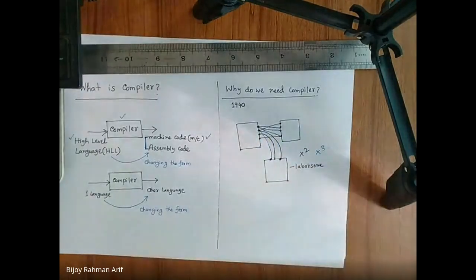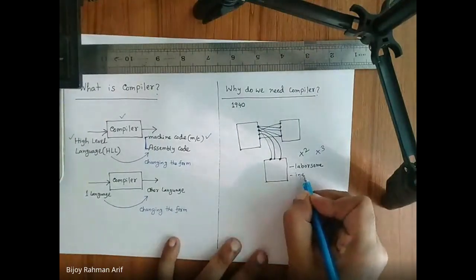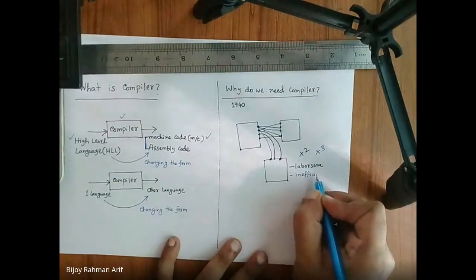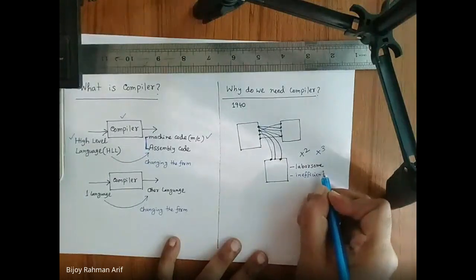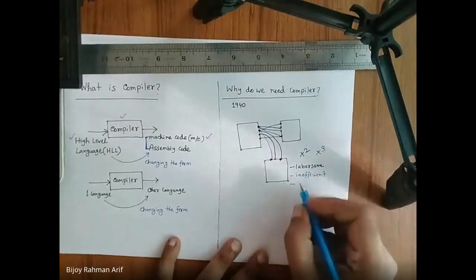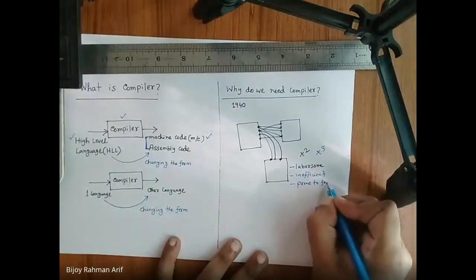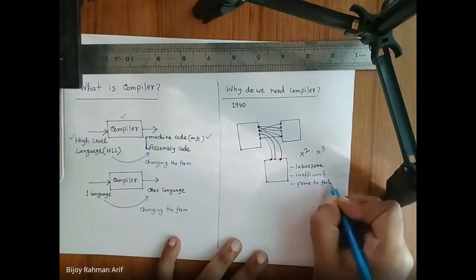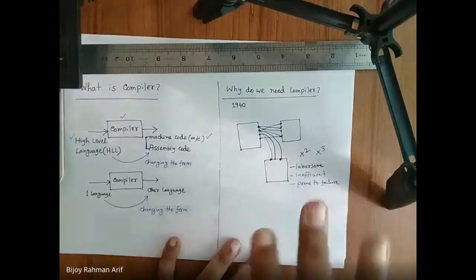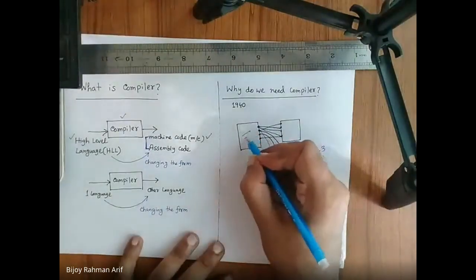So it becomes very inefficient. And thirdly, it is prone to failure. So 1940s computers are like this, physically wired.